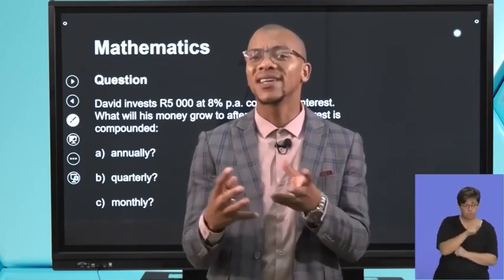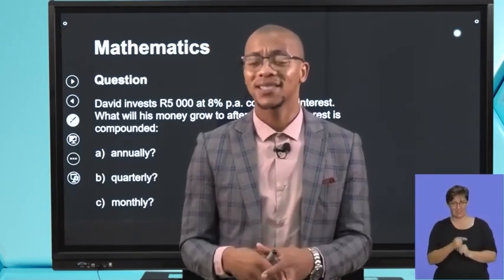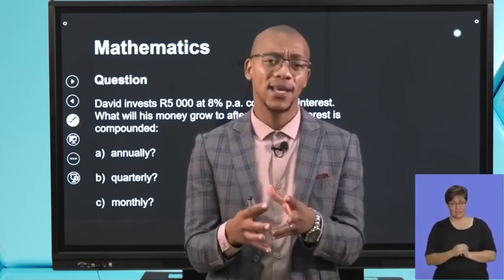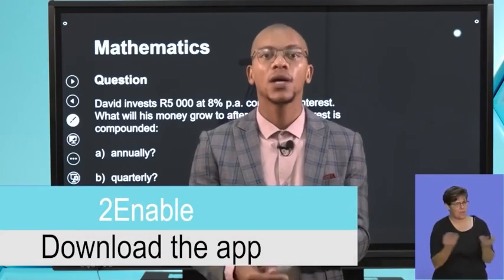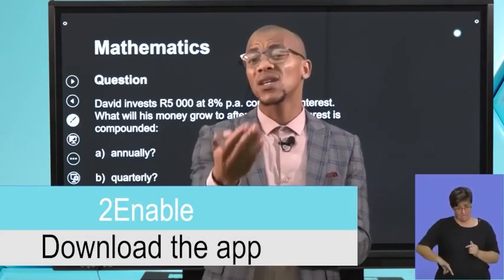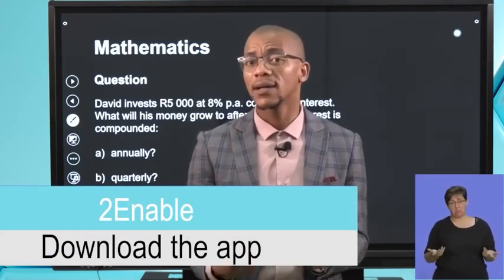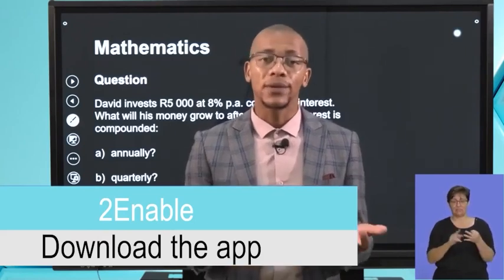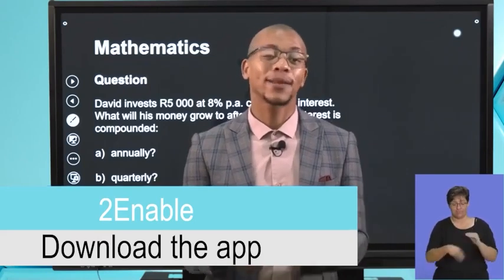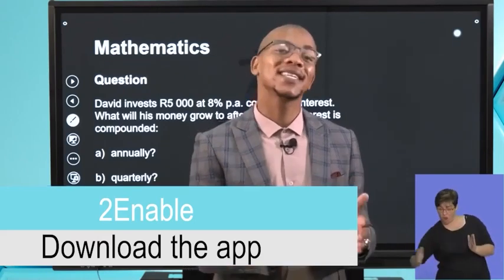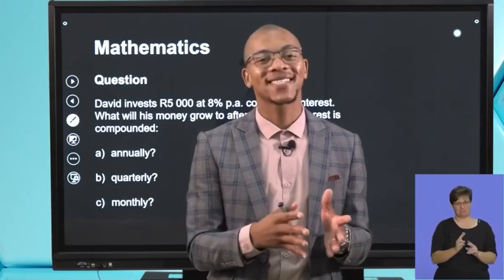And then you will look at that using the calculations. So that's the big idea here. We need to know how often the interest is being given to you, and also whether that will benefit you in the long run. And then again, we look at the duration that you are investing for, because remember that the power of compound interest is in the long term and not necessarily in the short term.